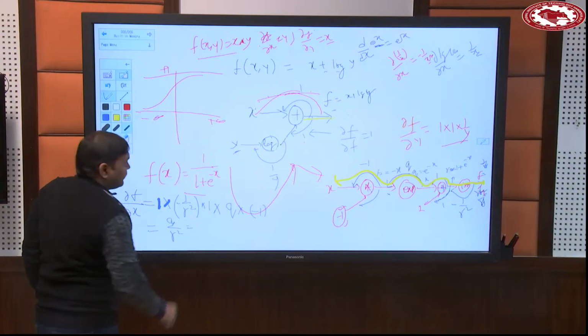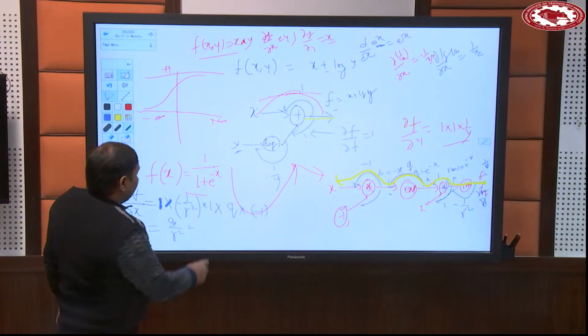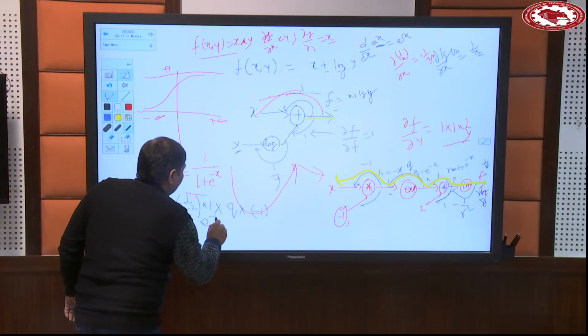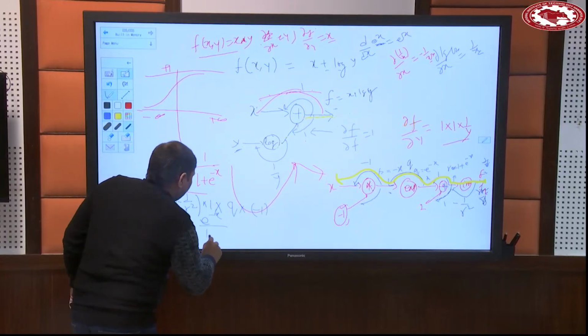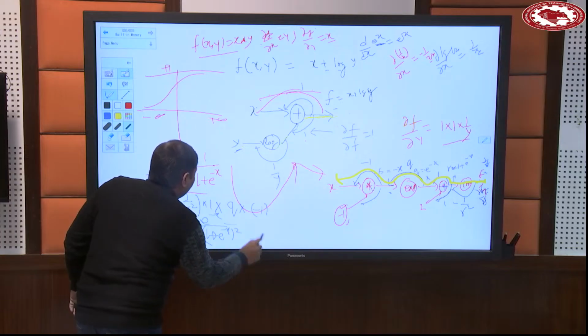What is q? E power minus x. What is r? 1 plus e power minus x.